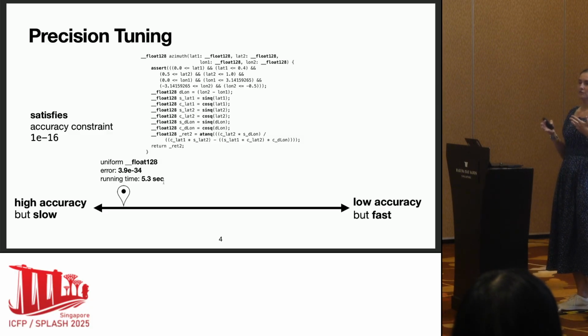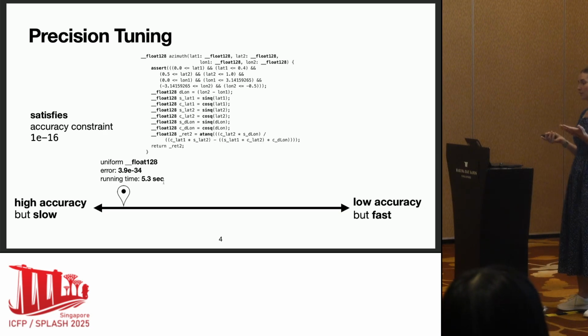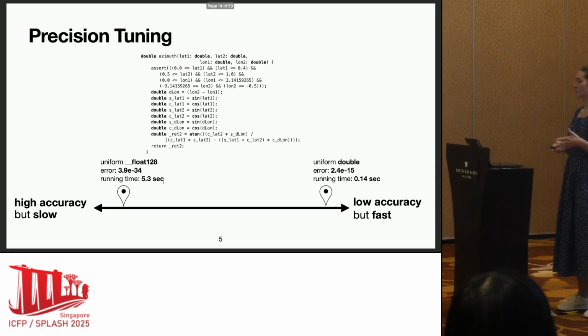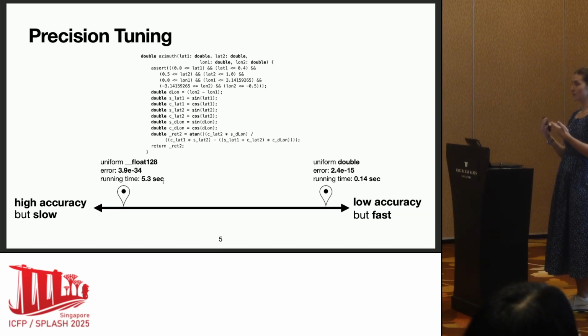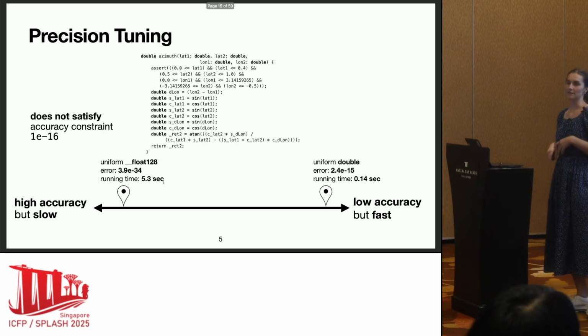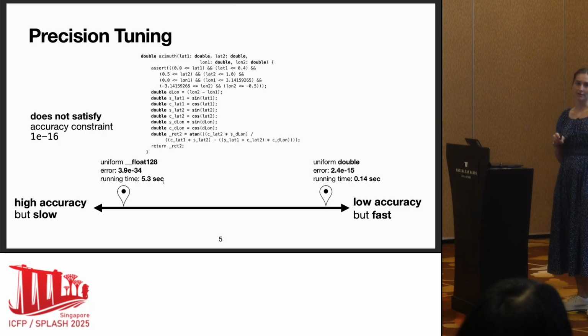So if this is too slow for you and too accurate, what can you do? With uniform precision assignment, you can go to 64 bits or double floating point, and then such a code snippet, again on the 1 million samples, would run much faster. It's way under 1 second, but it doesn't satisfy the accuracy constraint that you had initially.